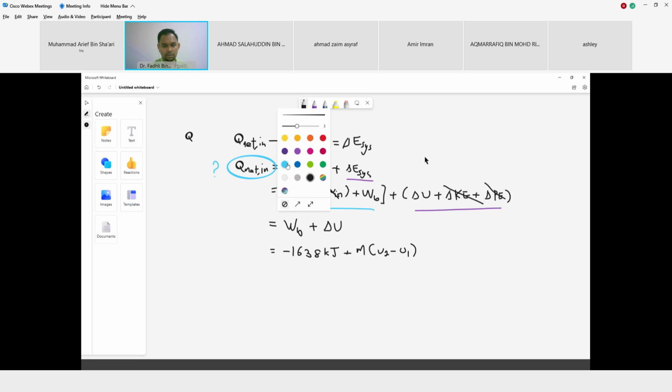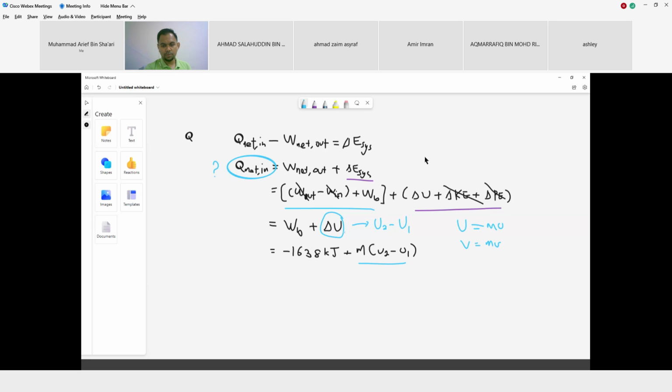Pun kita dah belajar tadi, delta U bermaksud U2 minus U1. And we have learned juga big U sama juga dengan m times small u. That's why we have this one. From here, we have this.